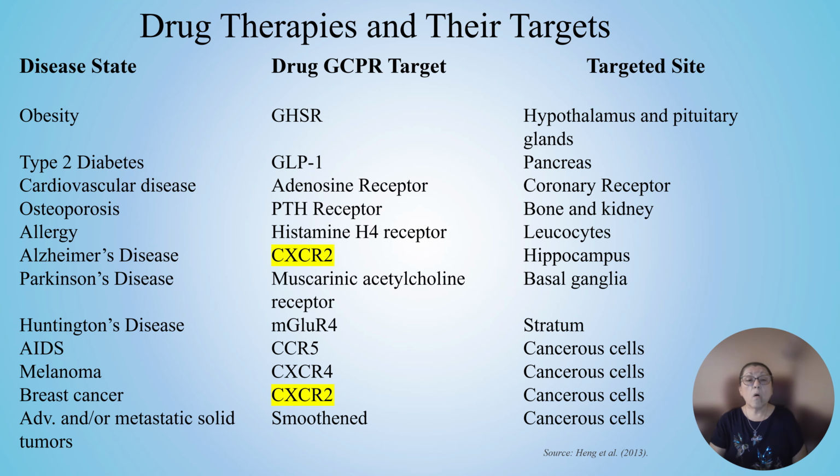Advanced and/or metastatic solid tumors use the smoothened receptor, and these are also on cancerous cells. One thing that I found interesting was that for Alzheimer's disease, they use the same target as breast cancer, which is CXCR2. But because they are targeted at different areas, they do have a different job.